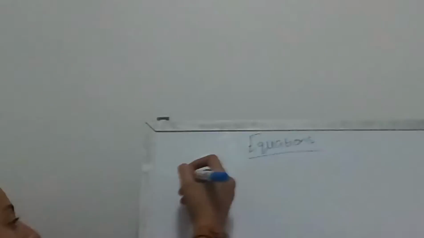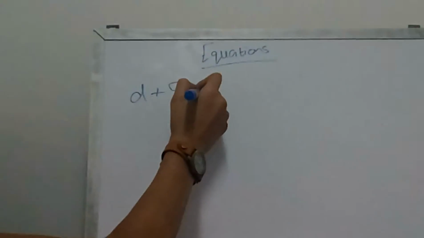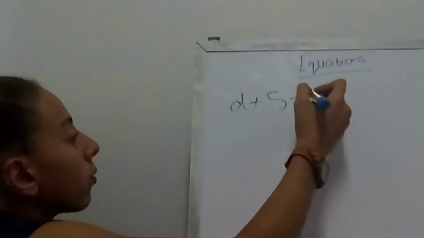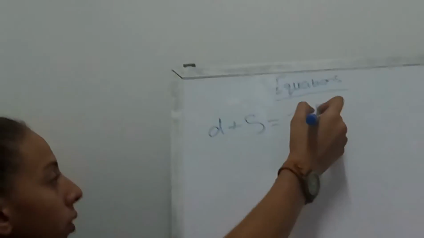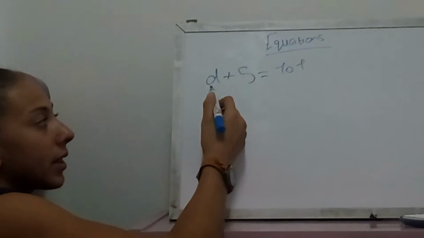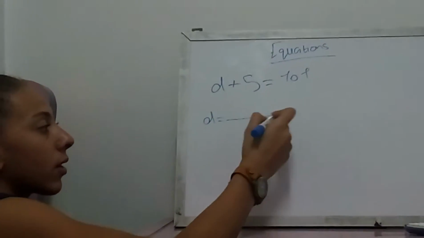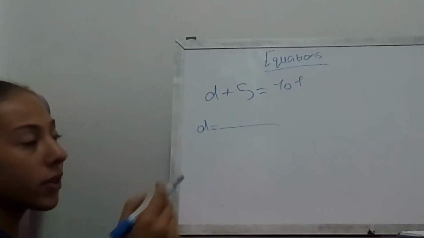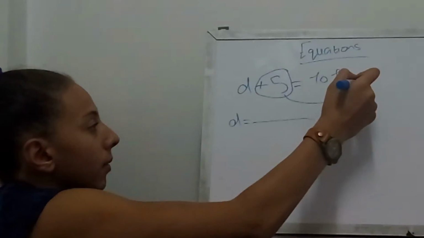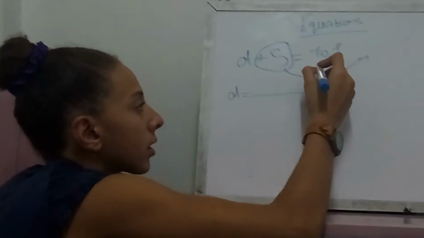Here, d plus 5 equals 101. So again, we want to let the d be beside the equal sign on its own and the rest of the equation here. So how will we do this? We'll take the positive sign and let it pass by the magical bridge here.